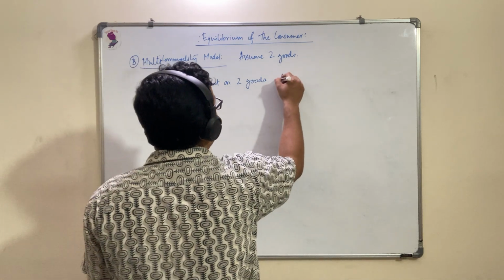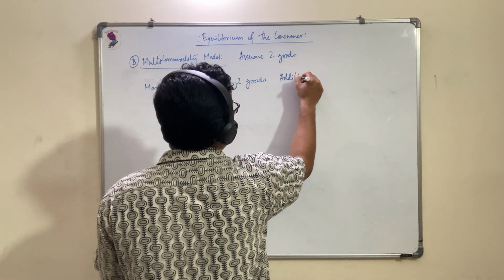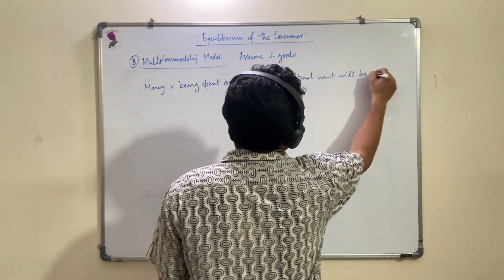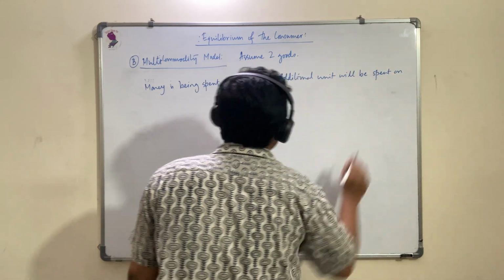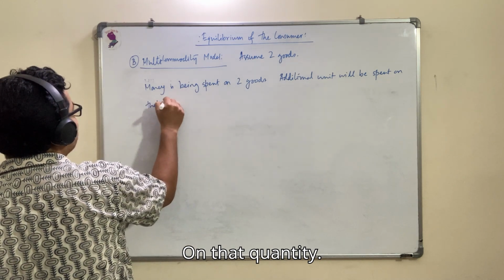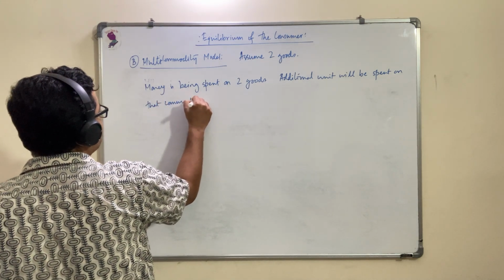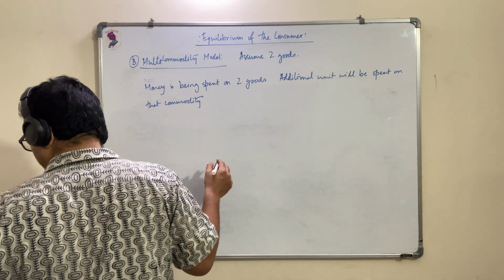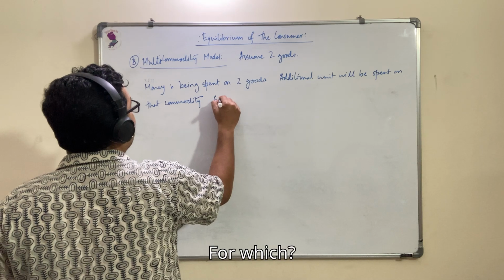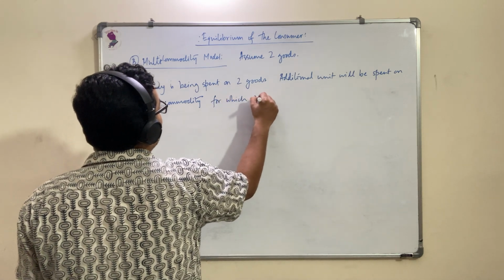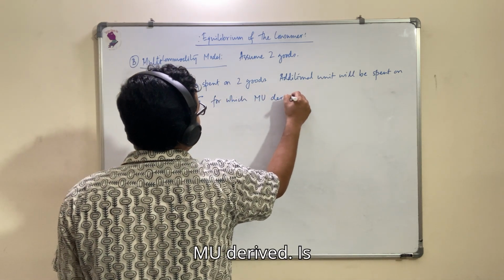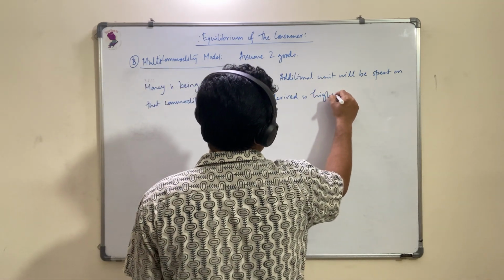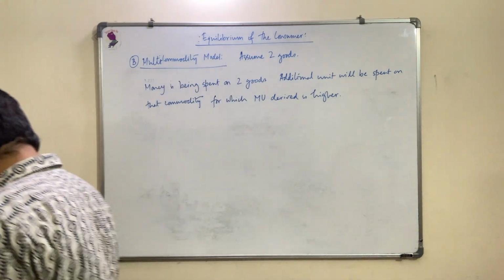That additional unit will be spent on that commodity for which MU derived is higher. Okay?